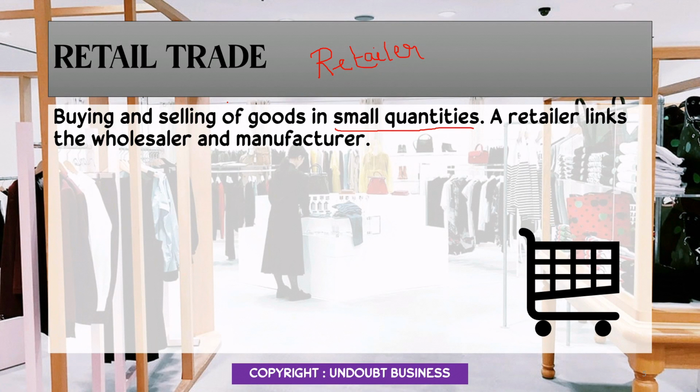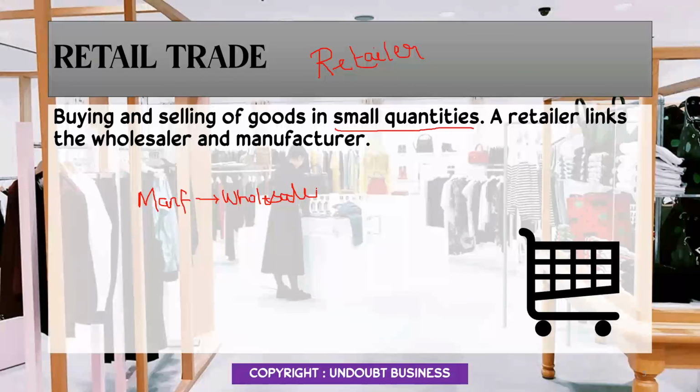Retailer will purchase a particular commodity from the wholesaler. Suppose, let me show you a link here. There is a manufacturer. The manufacturer will sell a particular commodity to the wholesaler, as we have discussed earlier. The wholesaler will purchase the commodity in bulk quantity.